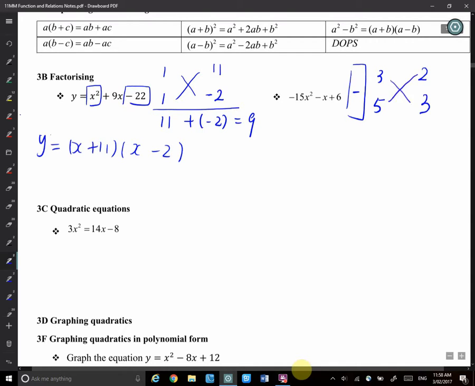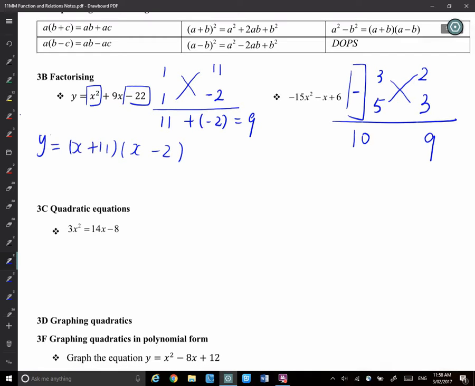Let's cross multiply and add them. That's a 10, that's a 9. But don't forget, you will have a minus sign for the first one. Can you see the middle number is a negative 1? That's a negative x. You need a negative 1. Therefore, 10 and 9 can make a 1, so I need a negative 10.